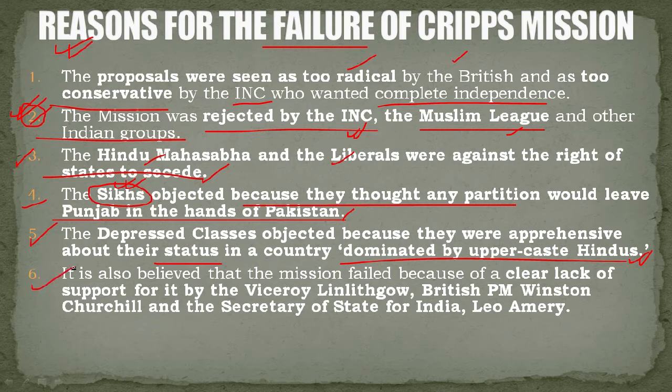Now we see it was also believed that the mission failed because of a clear lack of support for it by the Viceroy Linlithgow, British PM Winston Churchill at that point of time, and the Secretary of State of India, Leo Amery.